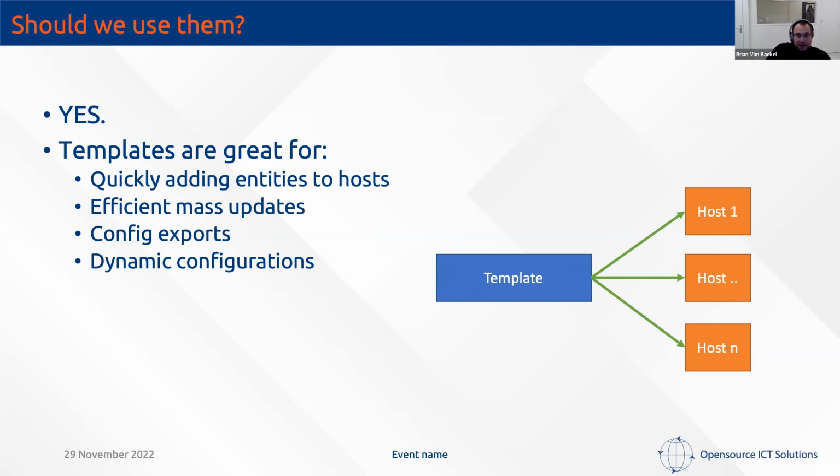So another great benefit. The last one in this list, dynamic configurations. And again, give me a few slides to show you: within a template, we build our configuration and then we make it dynamic so that we can use it on a lot of different hosts. And we can just keep on reusing it because of the dynamic component in it.